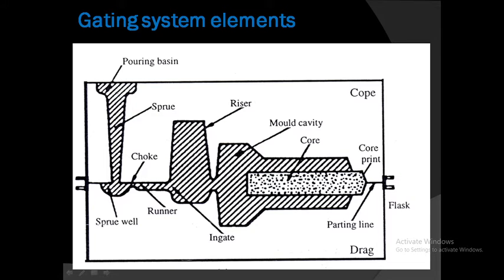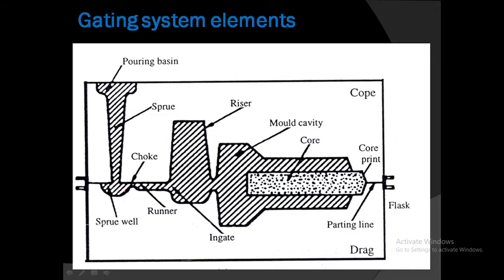Okay, that means whenever molten metal pours into the gating system, and from the gating system to the cavity, turbulence occurs. So this turbulence should be as little as possible. This is one of the functions of an ideal gating system.